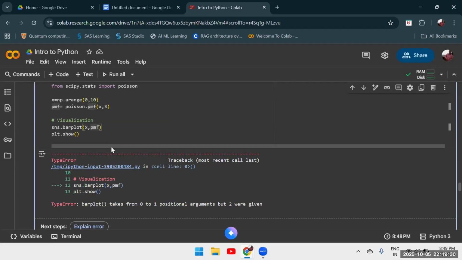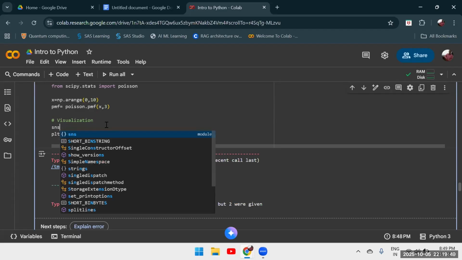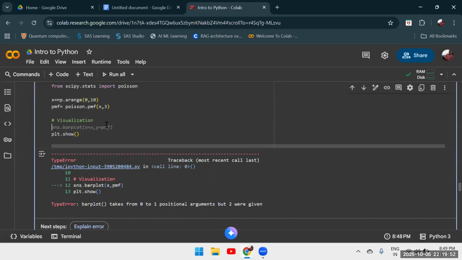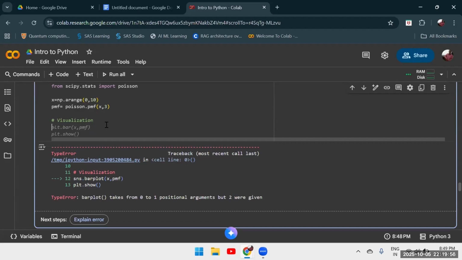So I cannot use a bar plot here, and we will not be able to visualize using this. Instead of a bar plot, let's try another option.